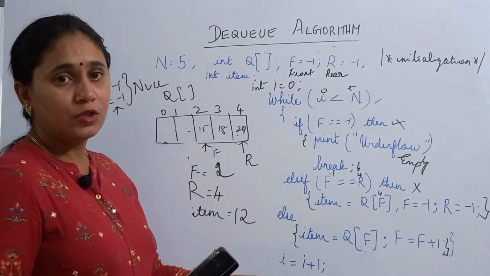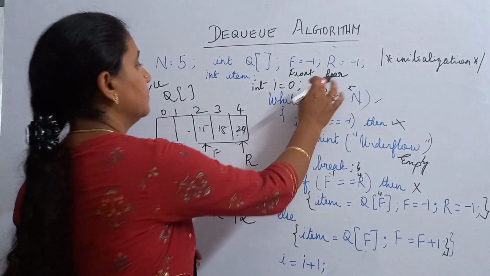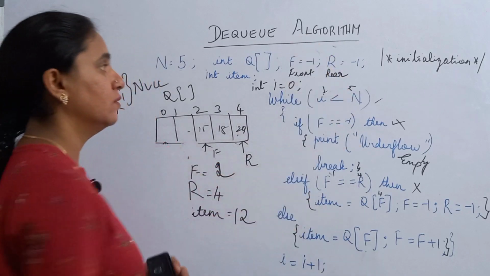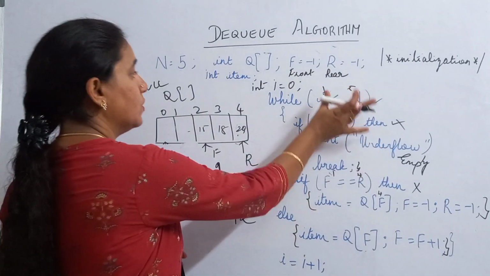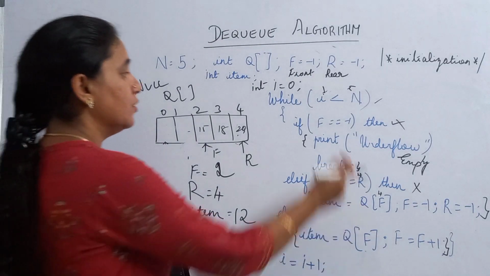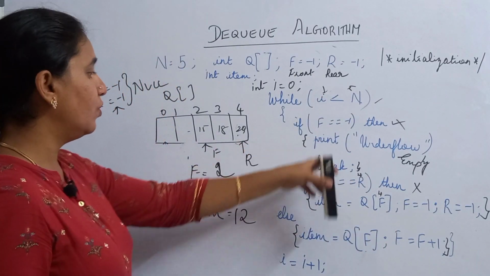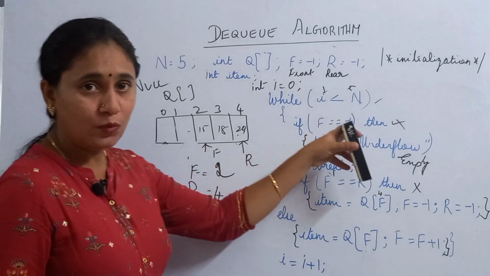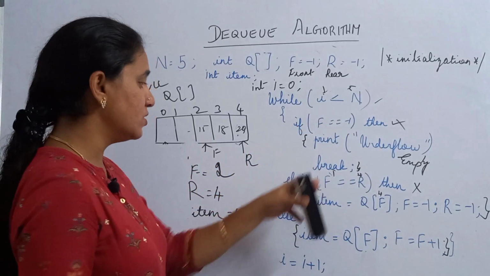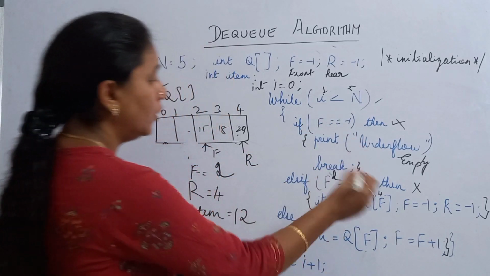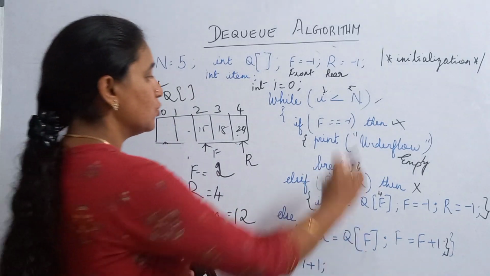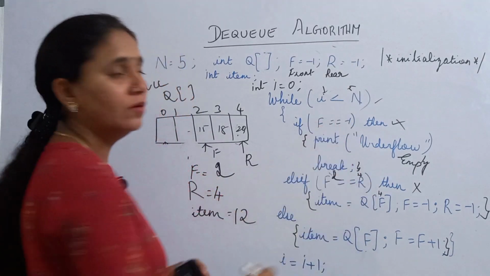So what is I value now? I value is 1. So once again this condition is true. It is going to come inside this block of statements. Once again if you check for f, f is not equal to minus 1. So f is once again not equal to 4, isn't it? So both these conditions are false.